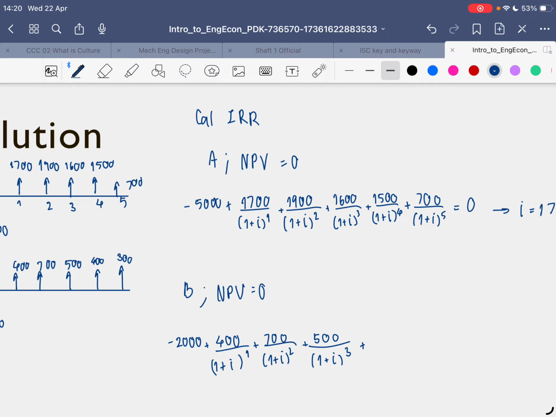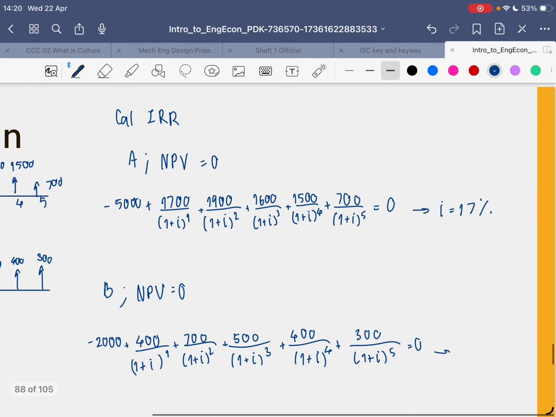Because the return is 17%. But in this example, it says that you can select both as well. You can have like either invest in A or B, or you can invest both of them, or you can invest neither of them.